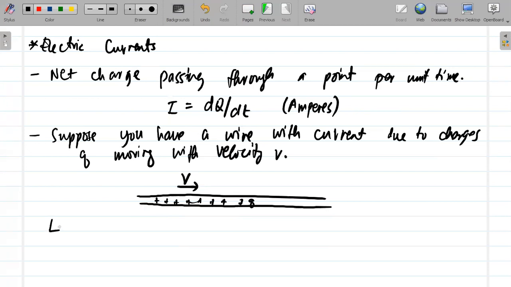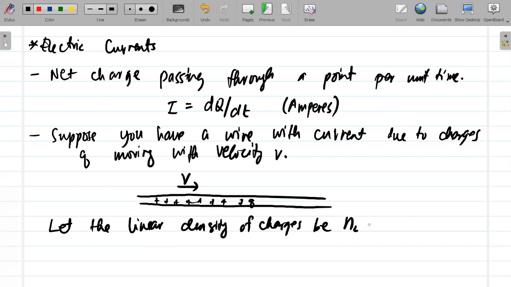Now, let's say we let the linear density of charges be n sub L. Take note class, this is number of charges per unit length.